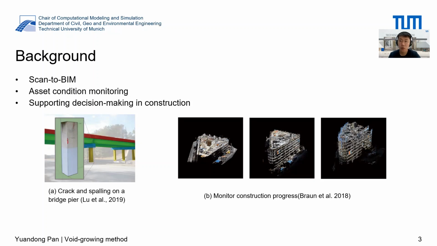Furthermore, it can also be used to make decisions in construction. Another use case is shown in image B. They use scan versus BIM technique to monitor the construction progress and can get very promising results.